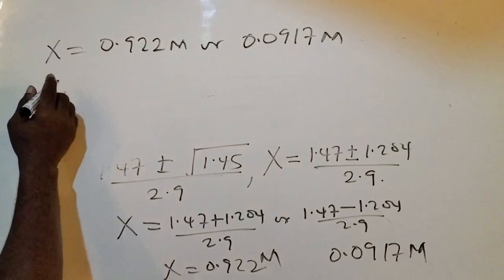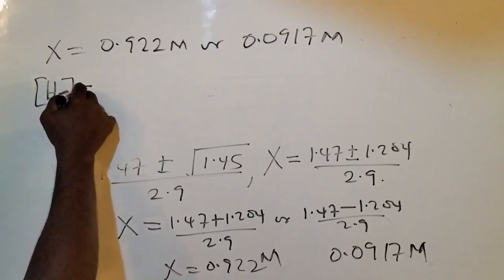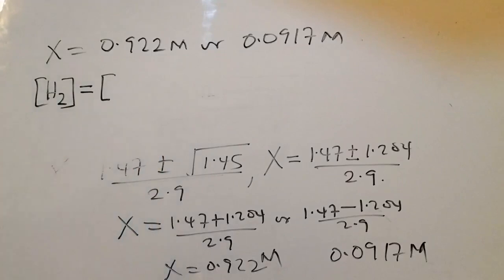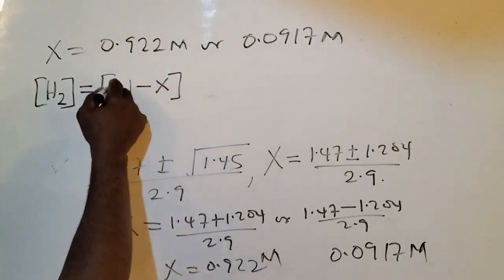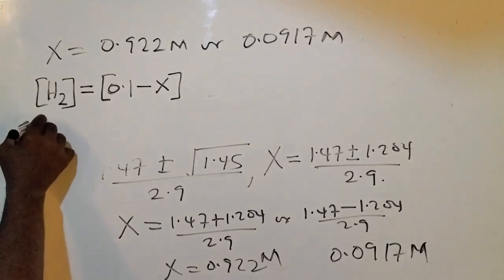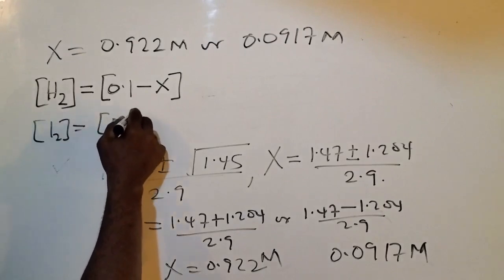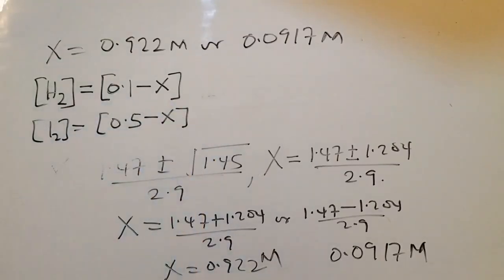The concentration at equilibrium for hydrogen gas from the ICE table is 0.1 minus S. So that's the concentration at equilibrium. And for iodine, it is 0.5 minus S from the ICE table.